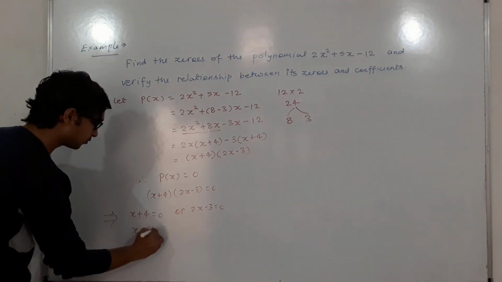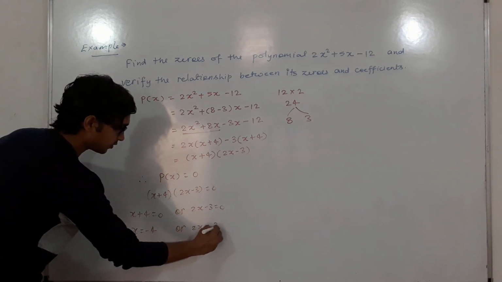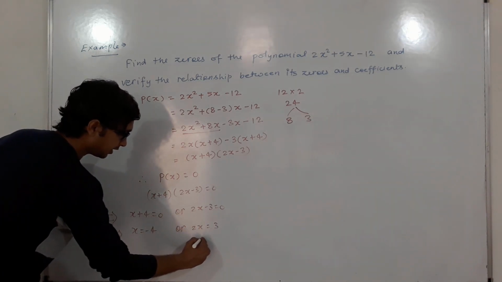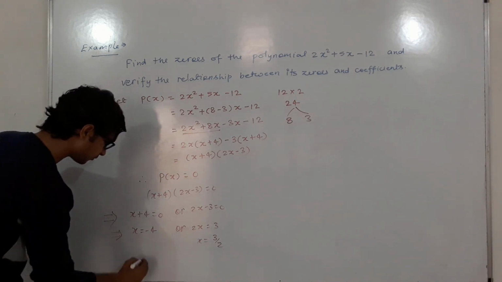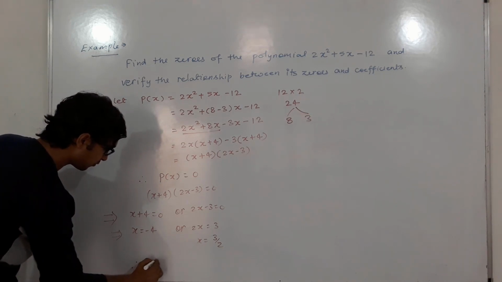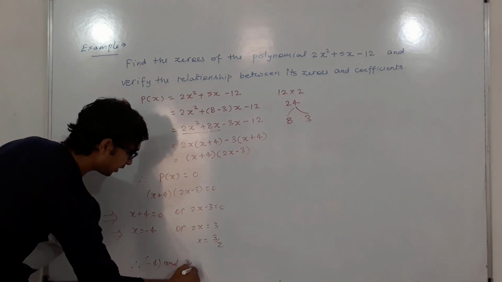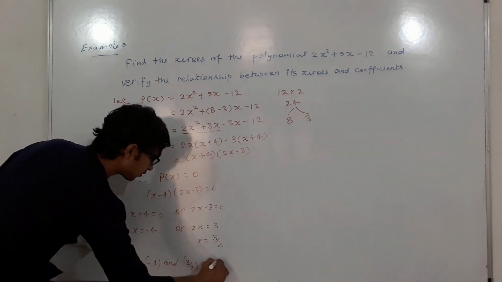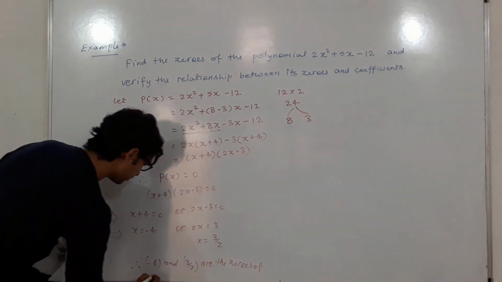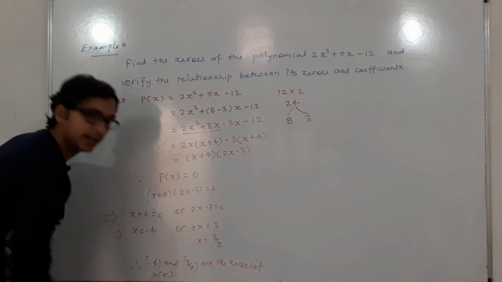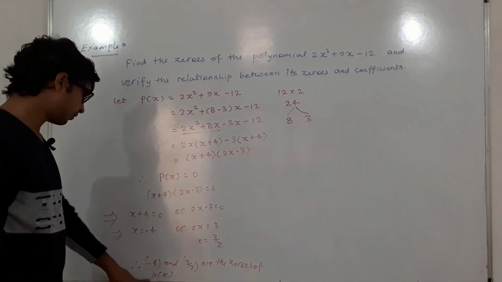So x equals to minus 4 or 2x equals to 3 and then x equals to 3 by 2. So therefore minus 4 and 3 by 2 are the zeros of p of x.